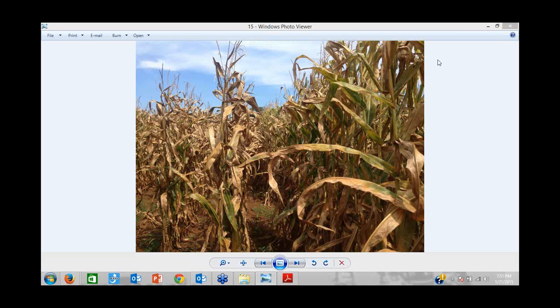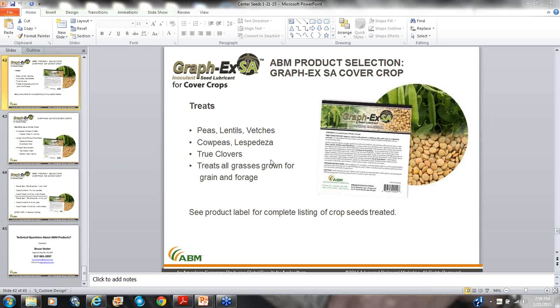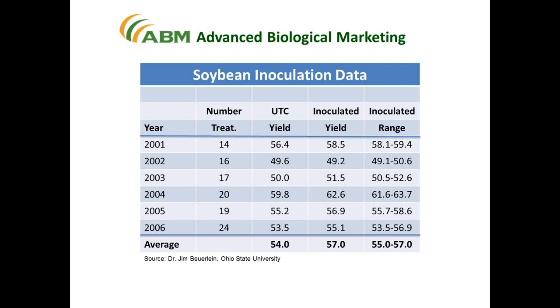They're sensitive to moisture. If you get too much moisture in the soil profile, you can kill them off. But what you're talking about is what Dr. Jim Beuerlein of Ohio State University worked on. He worked at Ohio State for many years, and he specialized in soybean inoculum and studied soybean inoculation for quite a while.